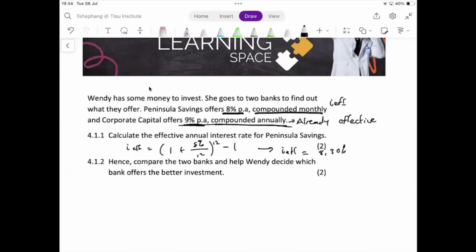Corporate Capital with the 9%, that's the one she should go with because they already have an effective interest rate of 9%, whereas Peninsula's effective interest is only how much? 8.3. You can only compare effective interest rates. Please make sure that you are typing or plugging it into the calculator exactly like it is.